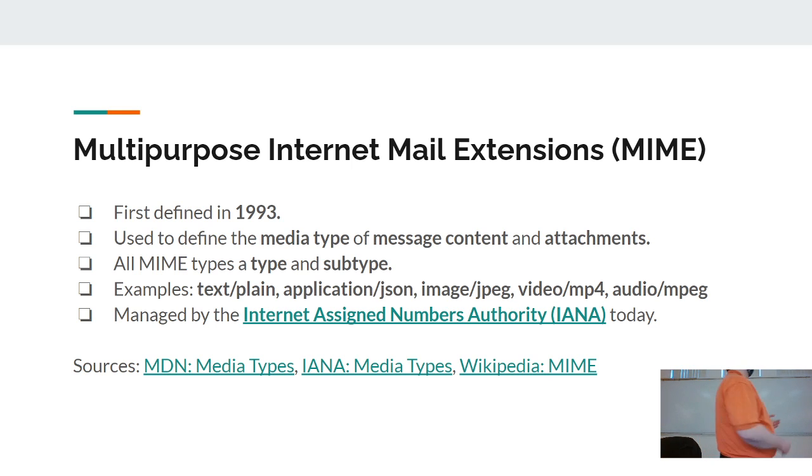So MIME types will come up a lot. If you want to send anything as an attachment, you'll have to specify what the MIME type of that is. And it's also interesting to note, again, this comes up in other places. When we're sending our responses, you've already seen there's a content type header that says what kind of thing you're sending back. Are you sending me back an image?